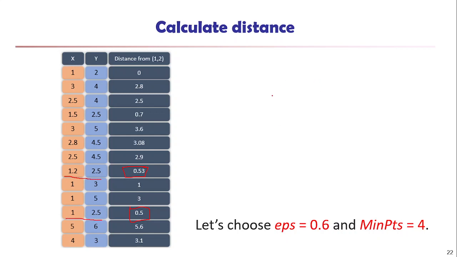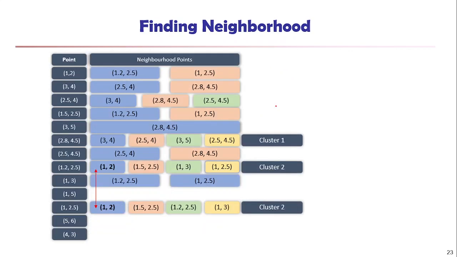These are the points which come within the epsilon 0.6 region of the point 1 comma 2. So this is the point 1 comma 2, right? In this way, how many points do we get? 2 points only.